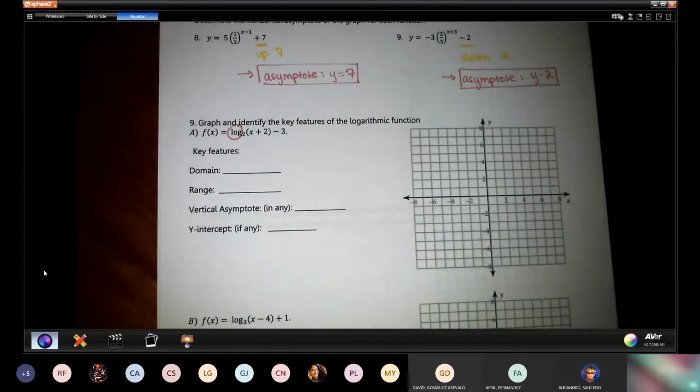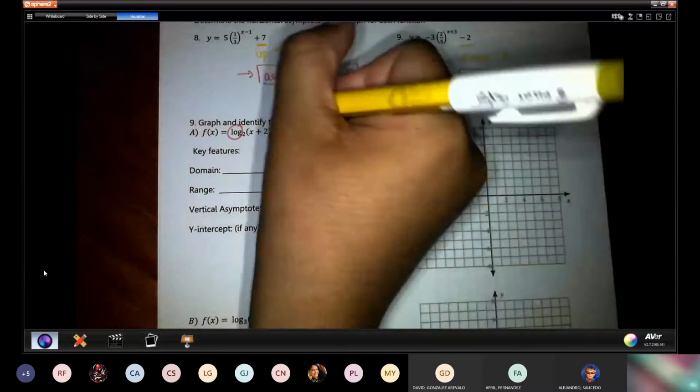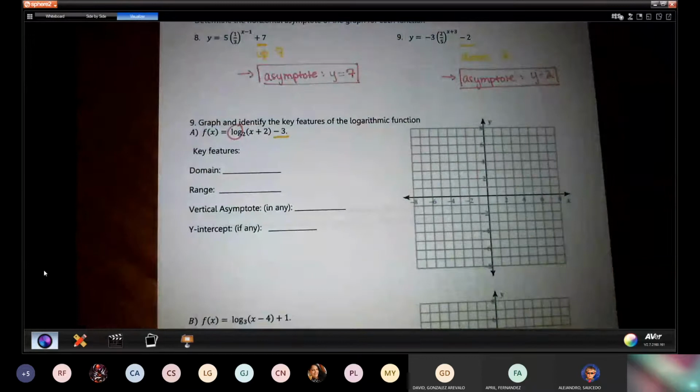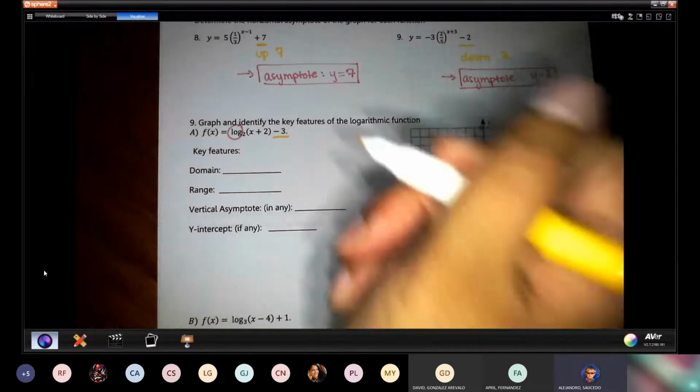Okay, good, Jasmine. So if it's logarithmic, then we're going to look at our transformations here, right? So what does the -3 mean? Any ideas? -3 means down 3.